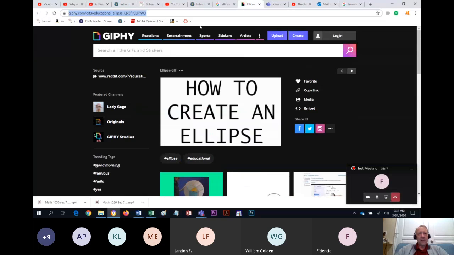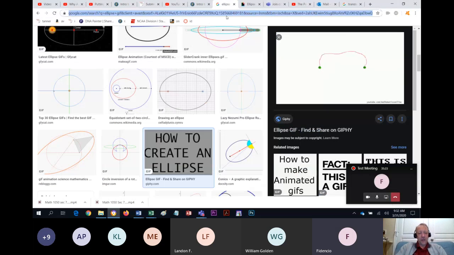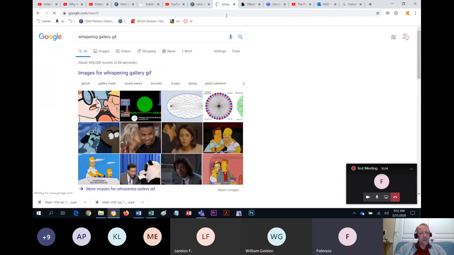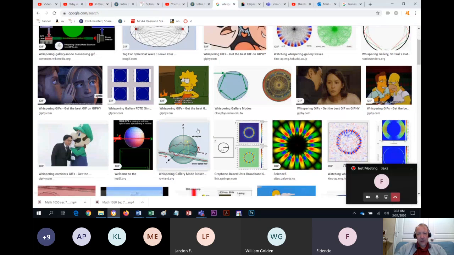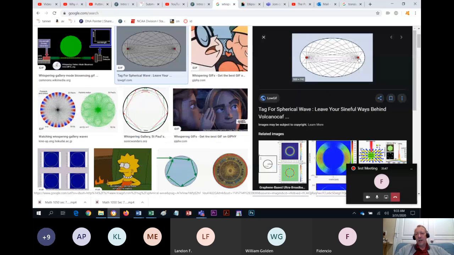We've also got an ellipse called the whispering gallery. Hopefully I can find that here. I don't see the GIF, but the idea is if you stand on one focus and you whisper, the sound waves bounce off the top of the ellipse, and a person standing on the other focus can hear you.